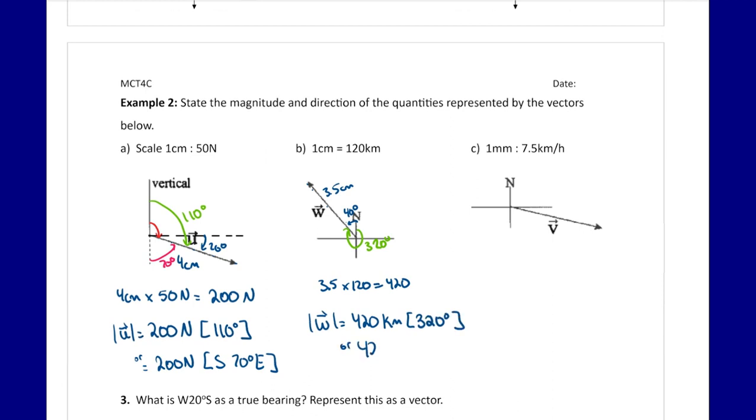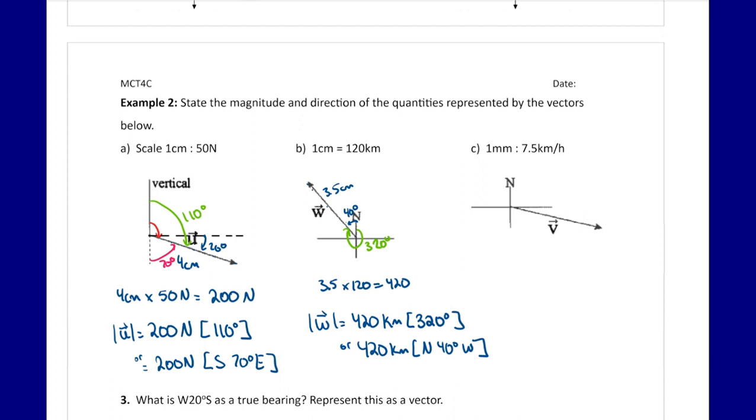Or I could say 420 kilometers north, 40 degrees west. Or I could say 420 kilometers west, 50 degrees north. So there are a lot of different ways that we could represent the direction component.